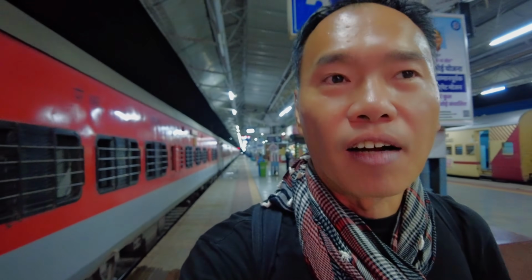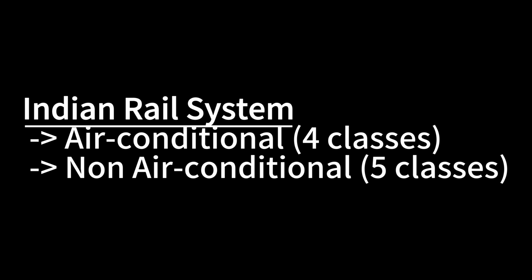In general, there are 9 classes of Indian railway system in terms of the seating. There are 4 types of aircon classes and 5 types of non-aircon classes. I think that's the first thing that you need to remember: 4 aircon and 5 non-aircon. So I'm going to read out the 4 aircon classes.